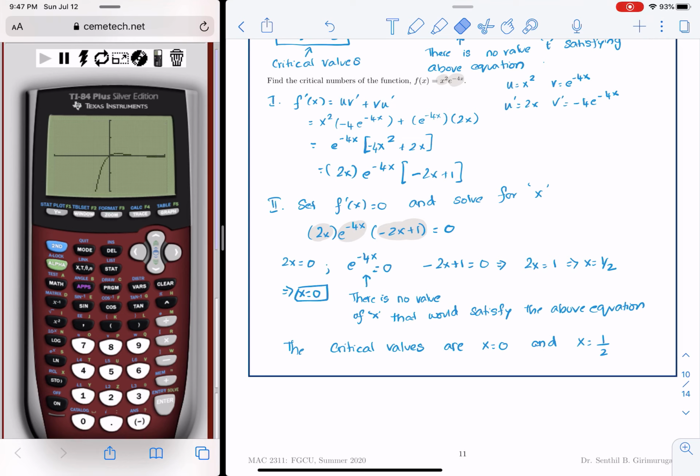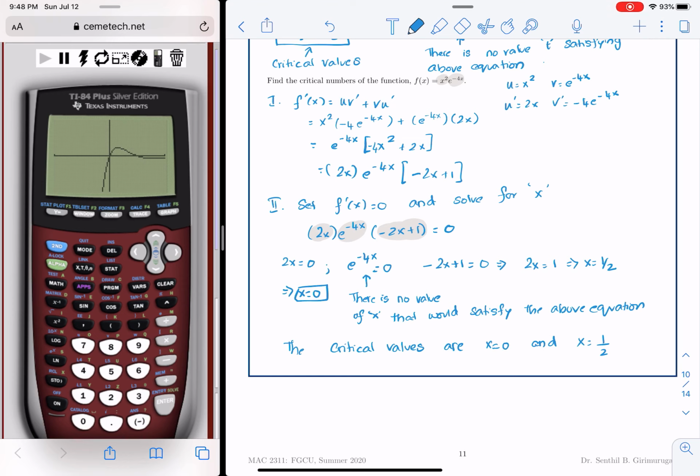So now our world is perfect. We can zoom this further and narrow it down to, say, negative 1 to 1. Guess we have to zoom further. We'll do negative 0.5 to 0.5. And now you can see that there is a 0 crossing at 0.5. So our critical values are x equal to 0 and x equal to 0.5.